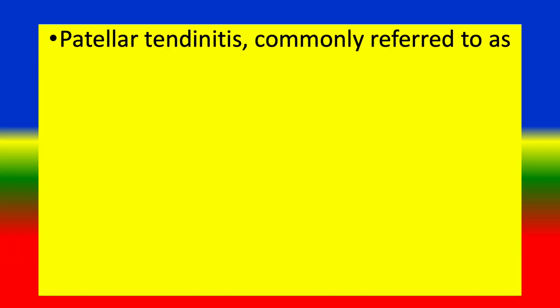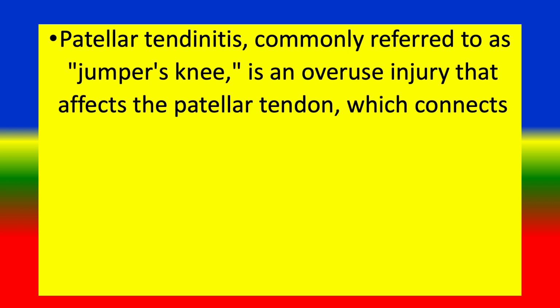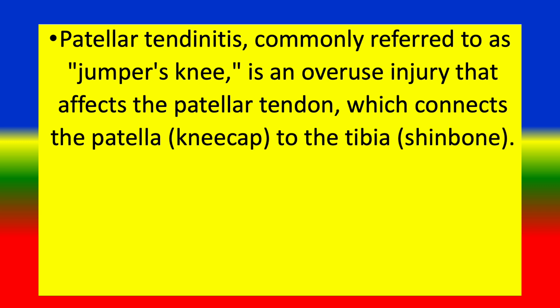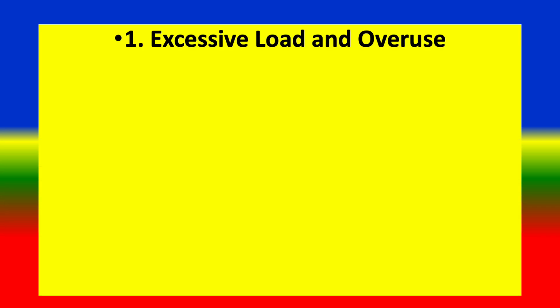Patellar tendinitis, commonly referred to as jumper's knee, is an overuse injury that affects the patellar tendon, which connects the patella to the tibia. Below is a step-by-step outline of its pathophysiology. 1.